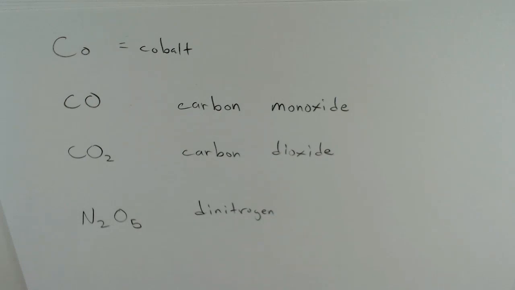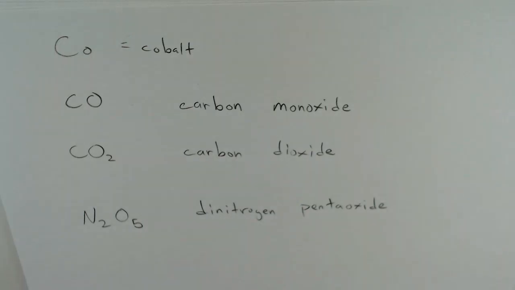Technically, if you write it out, you want to write out pentaoxide, but when people say it, they usually say pentoxide. They kind of roll it all together. But technically, it is pentaoxide. Don't quote me on this, but I'm pretty sure the online homework is set to accept either way on that.